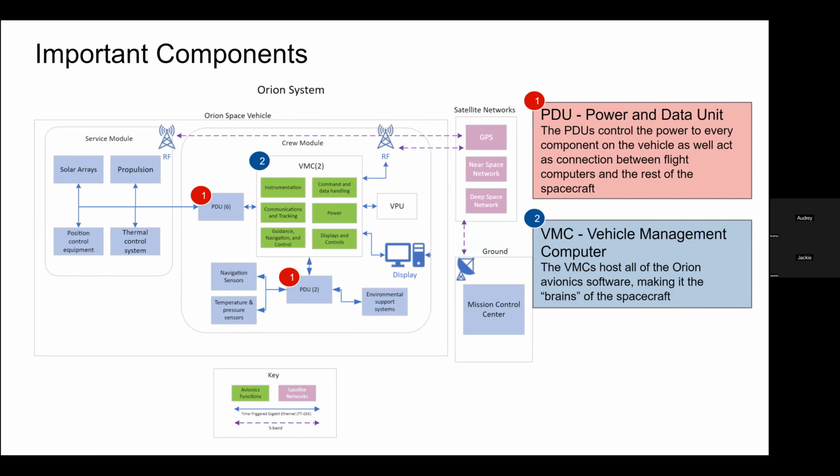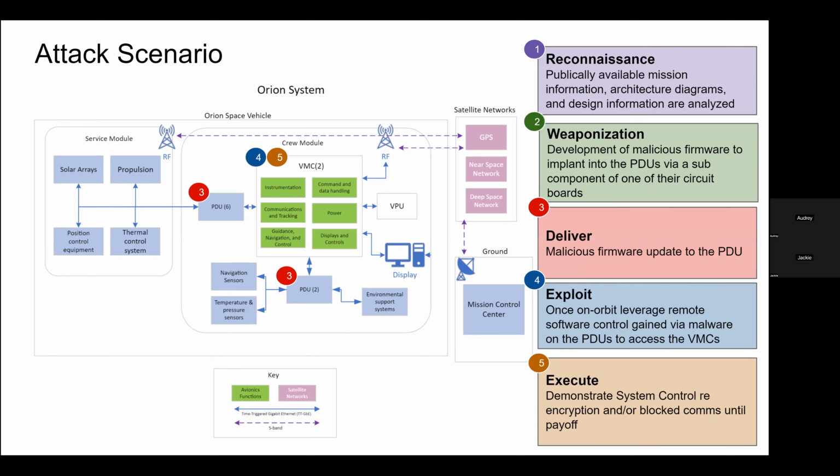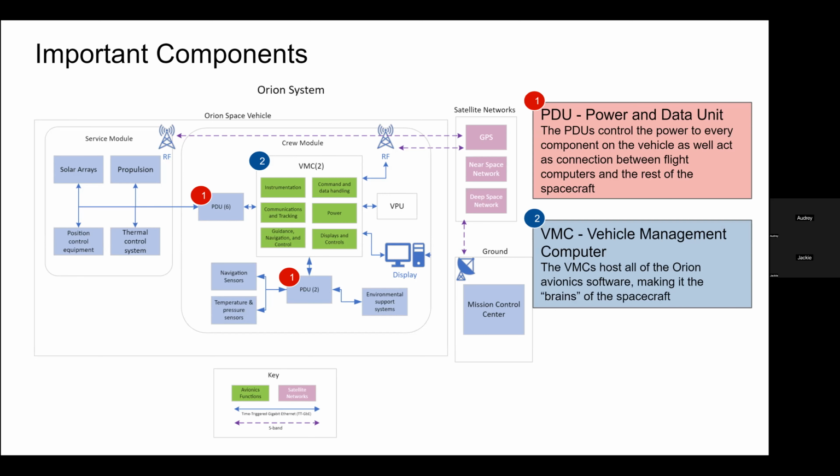Firstly, the PDU, the power and data unit, is used to control the power to every component on the vehicle, as well as act as a connection between the flight computers, so the VMCs, and the rest of the spacecraft. The VMC, the vehicle management computer, hosts all of Orion's avionics software, which is basically the brains of the spacecraft, which is where we would execute our ransomware.